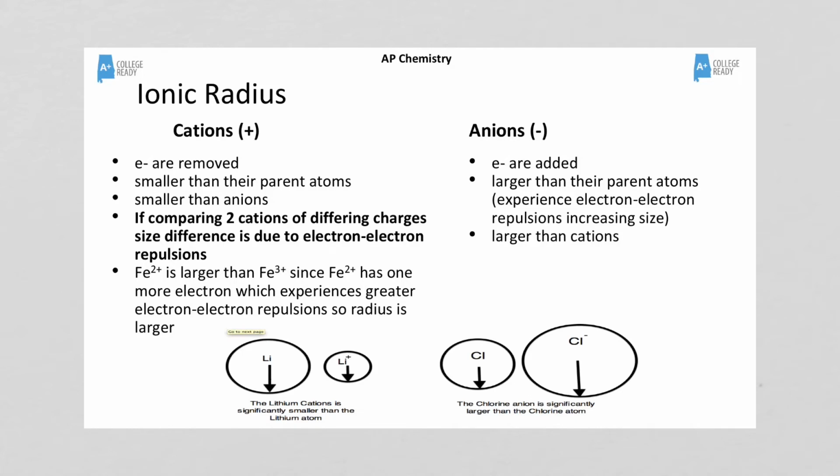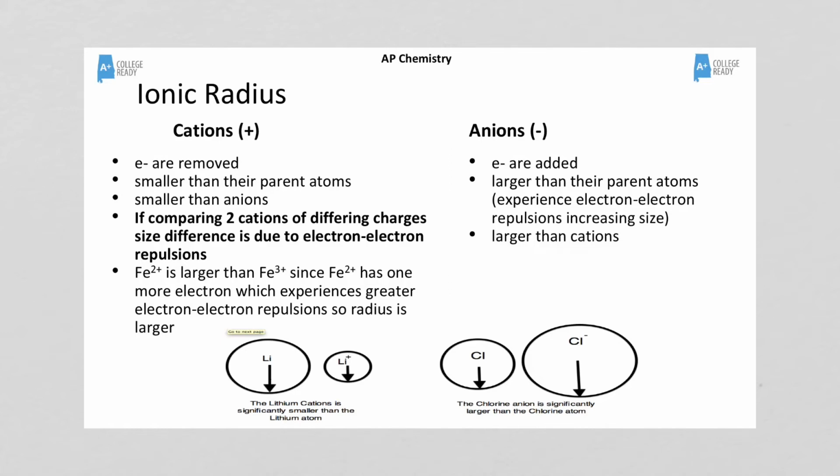So for lithium and lithium ion, we would want to talk about where the electron is located that is lost, because when lithium loses a valence electron, now it has one less energy level of electrons. So you'd want to mention it loses its 2s electron. Now, as a lithium ion, it only has the electrons in a 1s orbital, or the first energy level. So that difference in energy levels is what's causing this huge size difference.